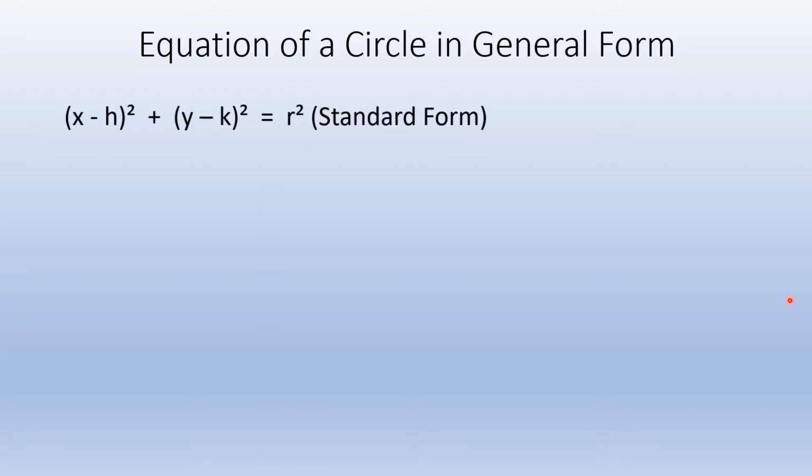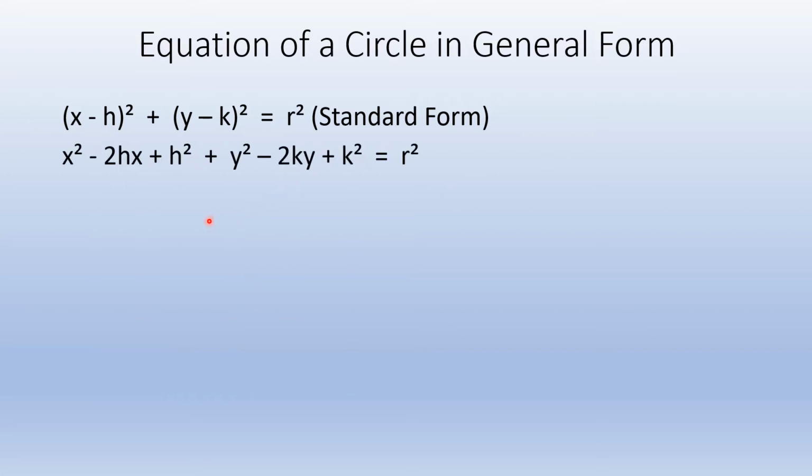Equation of a circle in general form. The standard form of the equation of a circle is (x minus h) squared plus (y minus k) squared equals r squared. So, ito yung standard form. Now, pag in-expand natin yung (x minus h) squared, that means (x minus h) times (x minus h), which equals x squared minus 2hx plus h squared.